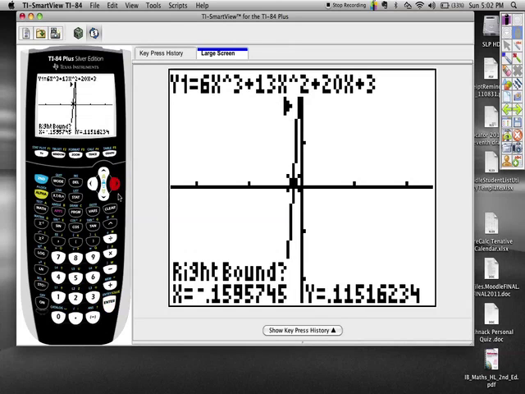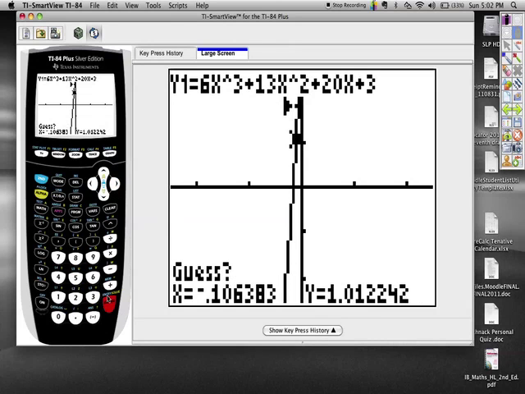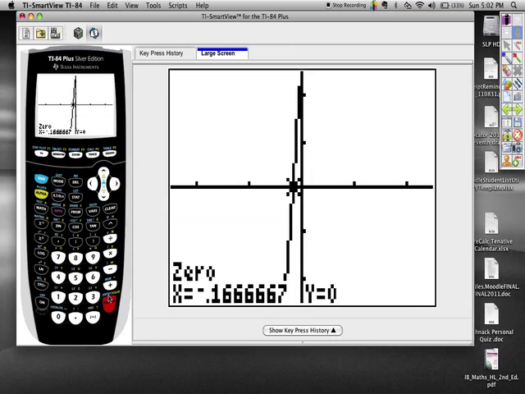Now it says right bound. I move it to the right hand side, press enter, press enter to make a guess, and I get a 0 of x equals negative 0.166666 repeating. That repeating decimal is equivalent to negative 1/6.